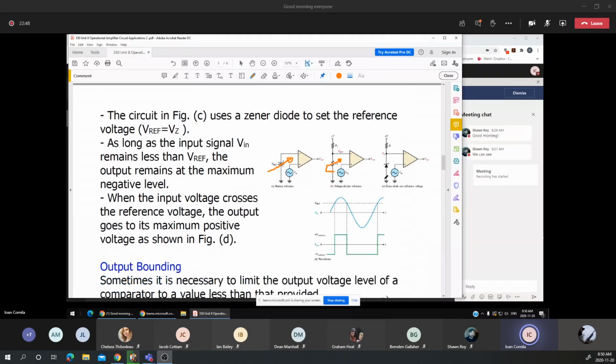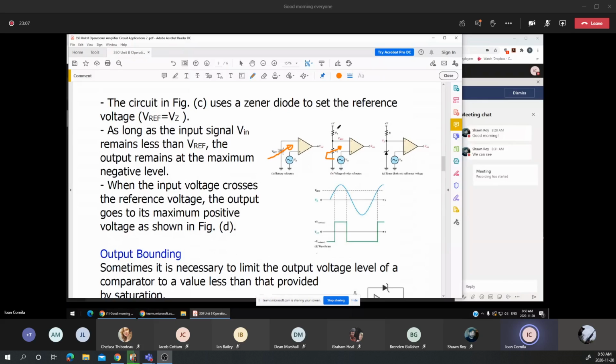And I mentioned that if a standardized value for the reference is required, such as 4.7, 5.1, 6.2, 6.8, 7.2, those are standardized voltages, we may use a Zener diode. The easiest and most practical way, which I use most of the time, is the voltage divider, or two resistors connected in series.